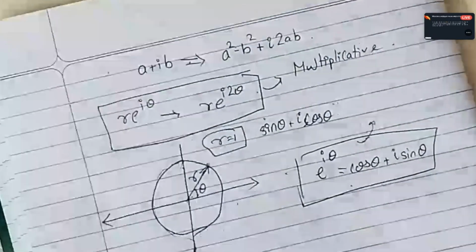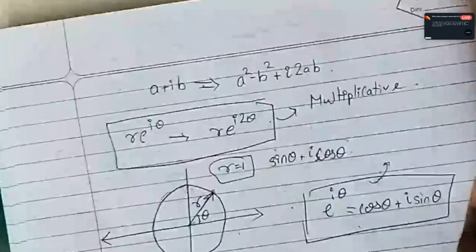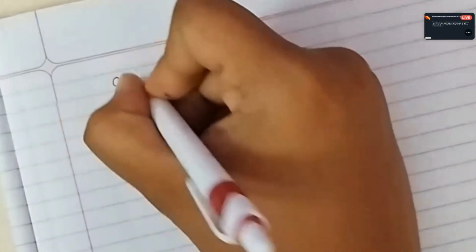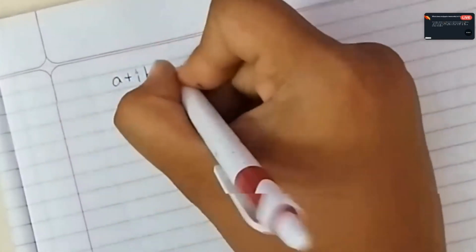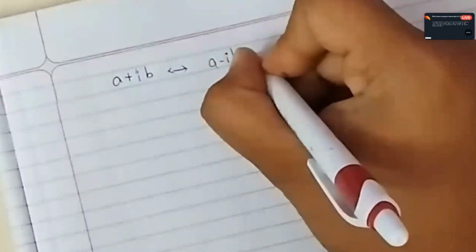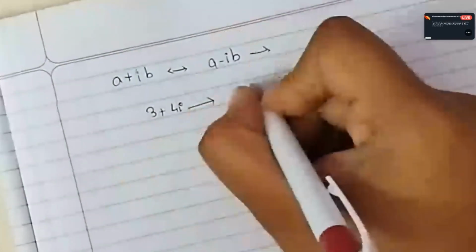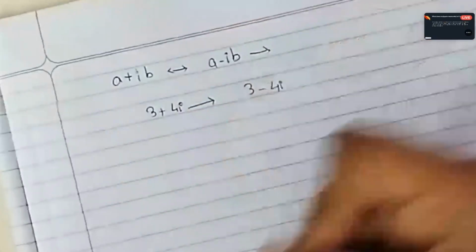So the next topic that we can talk about is what are conjugates of a number. When we talk about conjugate, having the same real part and the opposite imaginary part is called the conjugate of the number. So 3 plus 4 iota, its conjugate will be 3 minus 4 iota.